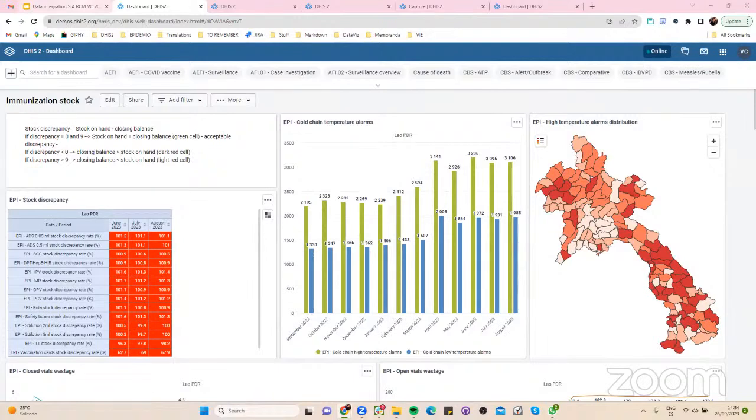We have examples of open public portals that are using data collected through DHIS. An example is Tanzania. Even if you Google it, there is an open portal from the MOH that fully uses the dashboard from DHIS, and all the information that you see is coming from there.